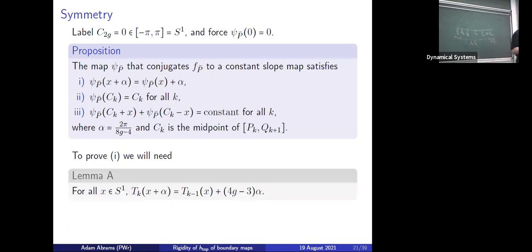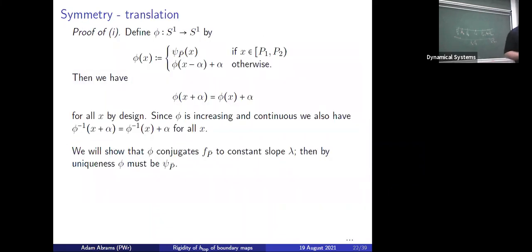The translational symmetry of the conjugating map follows pretty easily from the translational symmetry of the generators, which was lemma A that I mentioned earlier for a regular polygon. I'm not going to read through every piece of this, even though it's only 2 slides. The idea here is we make a map in the very first equation at the top that does the correct thing between P1 and P2, using the conjugating map psi, and then it just copies and pastes that around the rest of the circle.